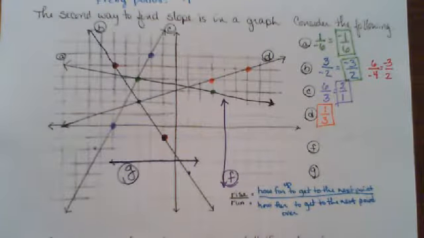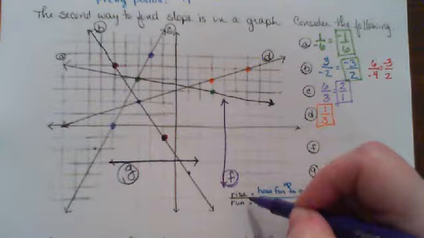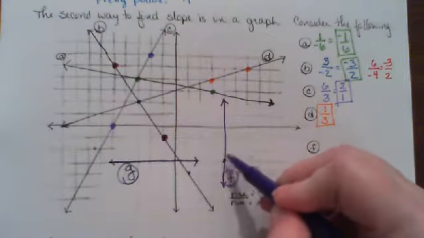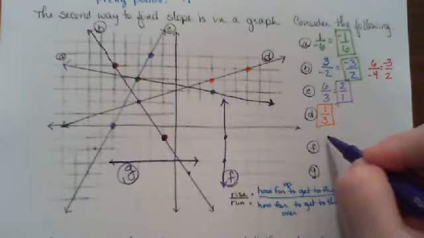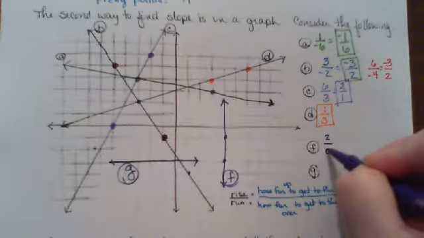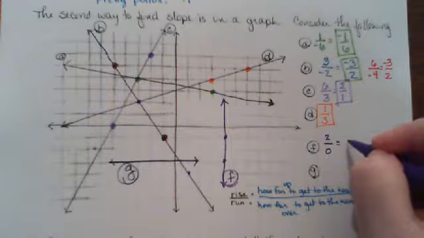So for F, when I go up, I can go up because I can go from here to there, but I can't go over any. So that's like 2 over 0. And we said if the 0 is on the bottom, that means it's undefined.